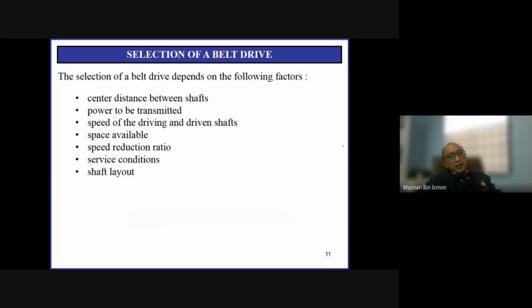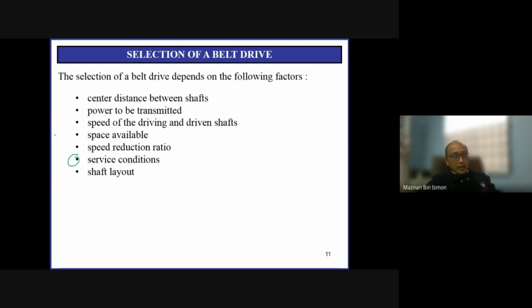This is the selection of belt drive. This selection of belt driving depends on, tadi saya dah cakap, space available and then the service condition. Service condition ni kalau you tengok sebagai contoh lah, in that particular area you nak pasang machine tu, all the surrounding is very hot.